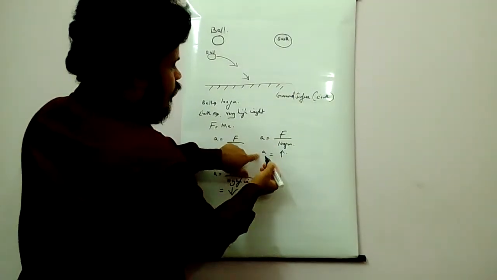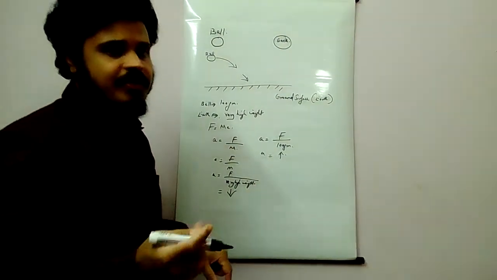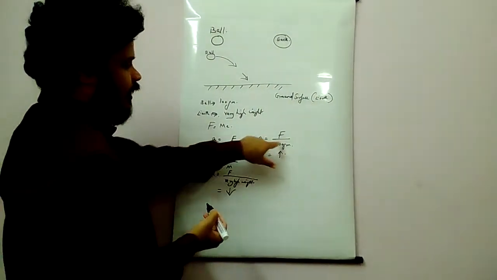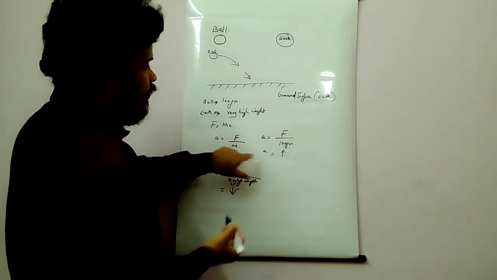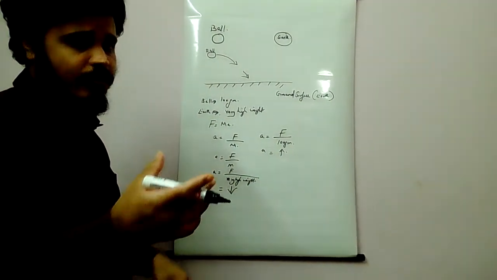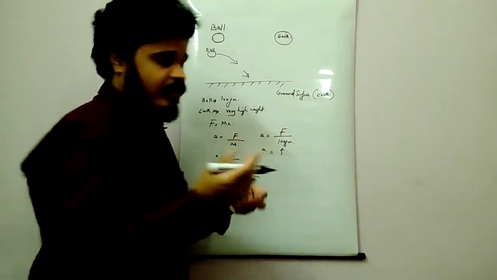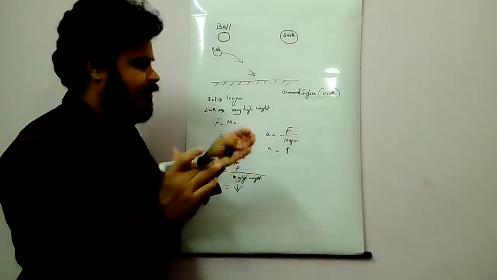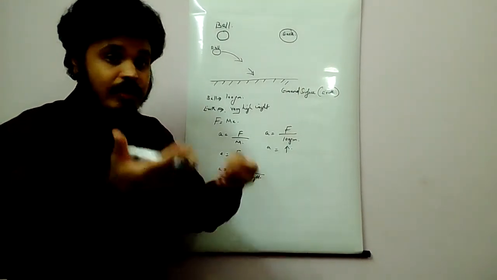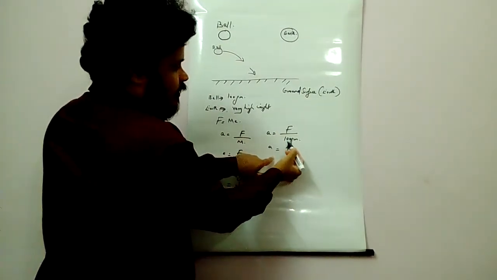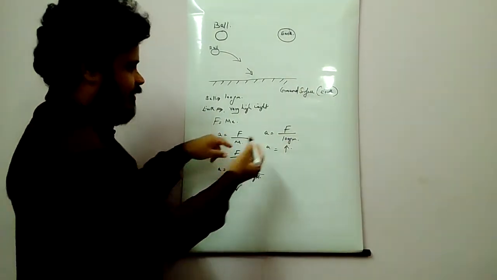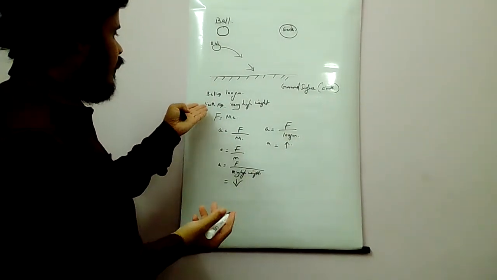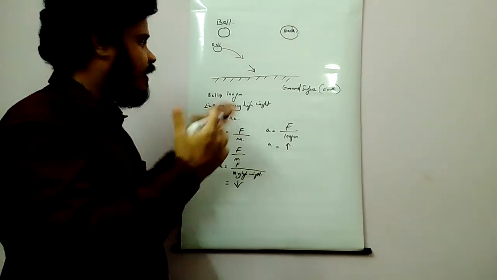Now we need to calculate the acceleration of the ball. The acceleration of the ball will be F by 100 grams, where 100 grams is the mass of the ball. Mathematically, when there is a high value in the numerator and the denominator has a low value, the result will be high. The weight of the ball is 100 grams, and the weight of the earth is very high compared to the ball.